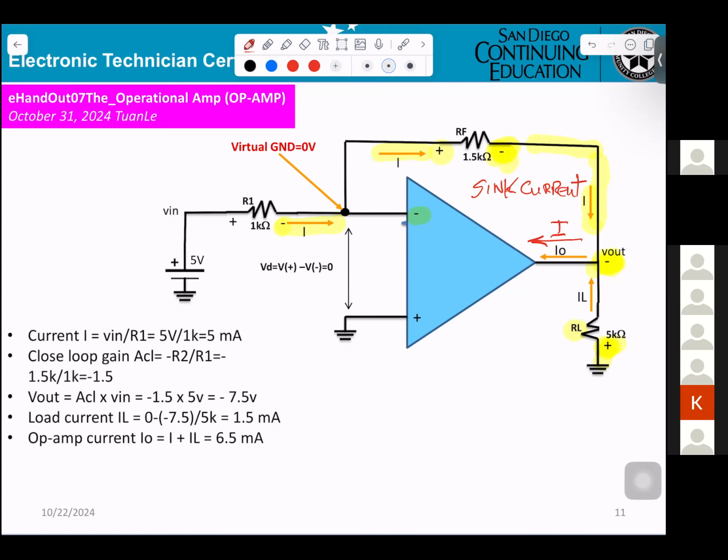Got it. Now, IL means the load current. Right here, it has to flow from positive to negative. So when it gets into VL, it also has to go in here. That will be IL.